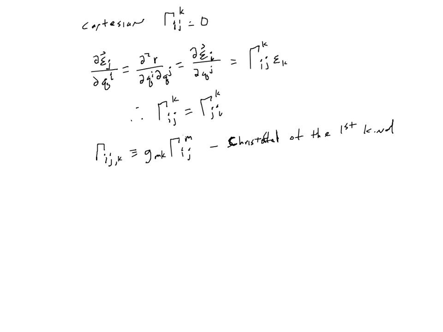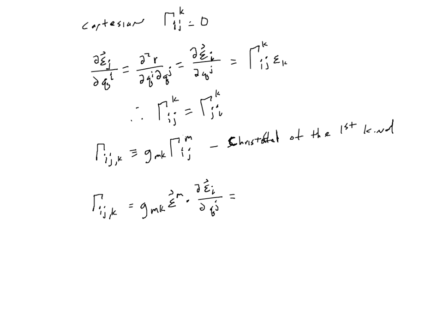So this gamma ij comma k is equal to gmk times epsilon m dotted with partial epsilon i with respect to qj.